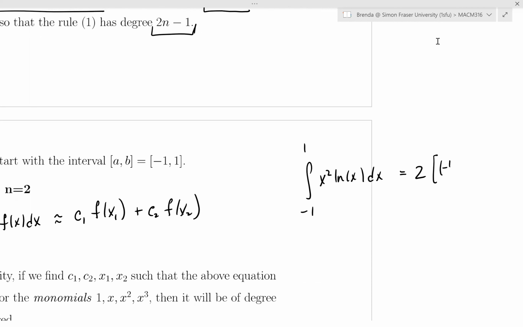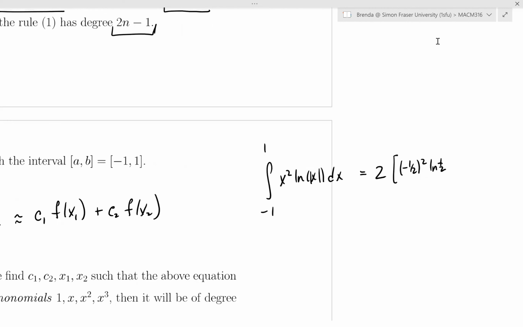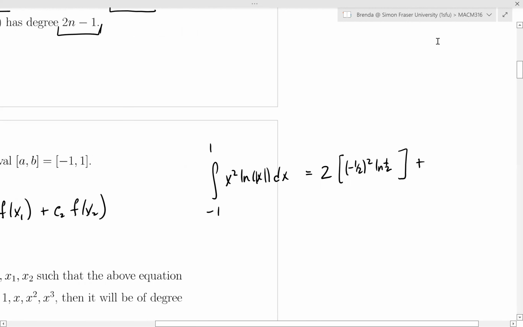This would be then -1/2 squared. That's not going to work well. Let's put log of absolute value of x. So -1/2 squared times log of 1/2. And then I'm allowed to pick some other number. I'm just going to pick 3, and I'm going to evaluate maybe at, I don't know, 3/4.